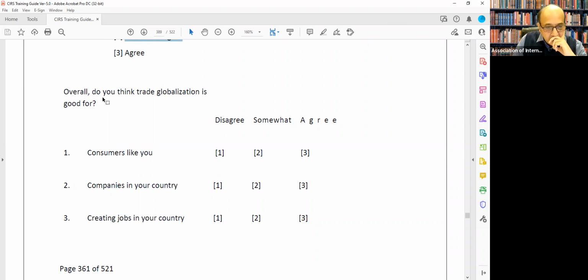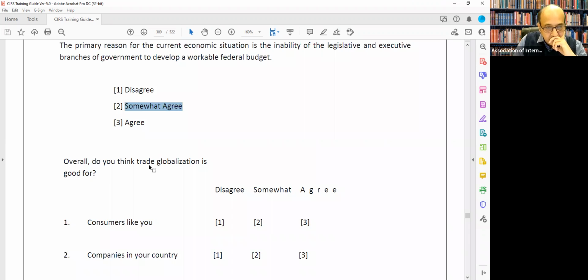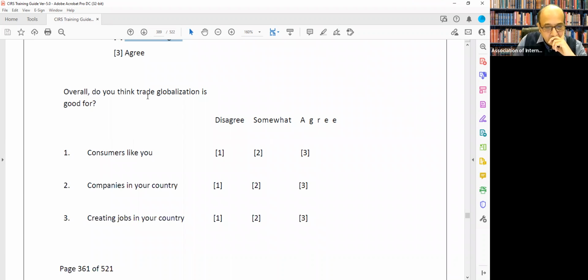Here is another example of a Likert scale. Overall, do you think trade globalization is good for? So it says disagree, somewhat, or agree. See, here they have given a number. This is actually crossing with the questions: consumers like you, companies in your country, creating jobs in your country.